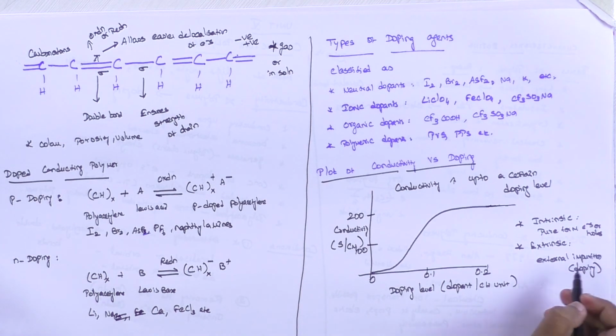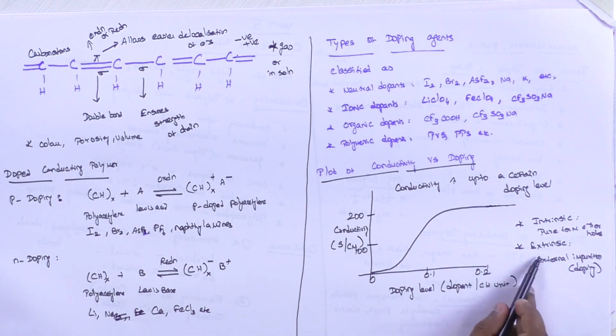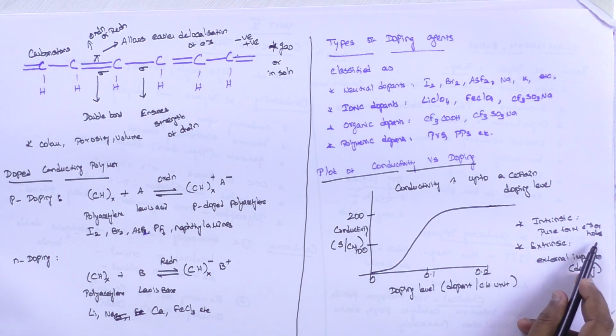In extrinsic, without doping, there may not be any conduction taking place. Holes are formed by the removal of electrons by means of doping. Okay.